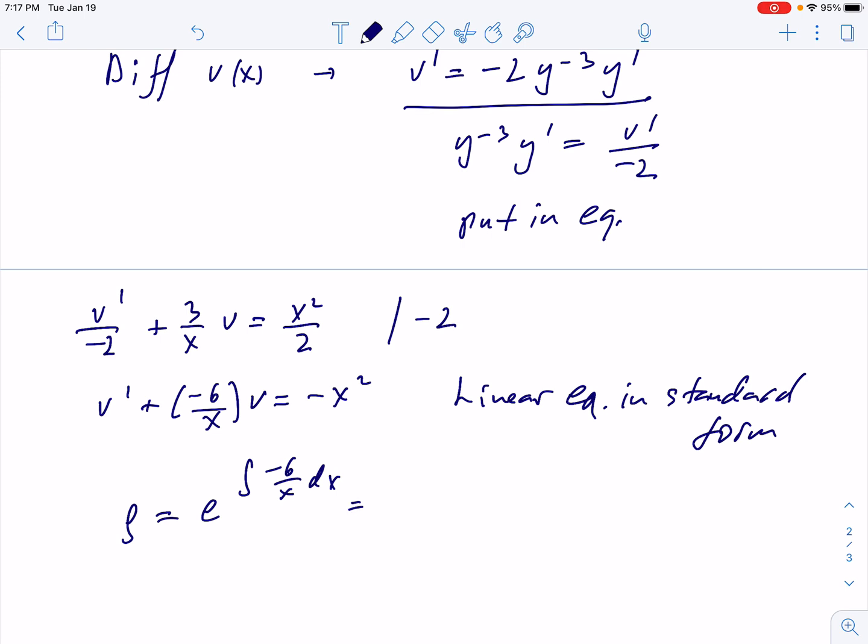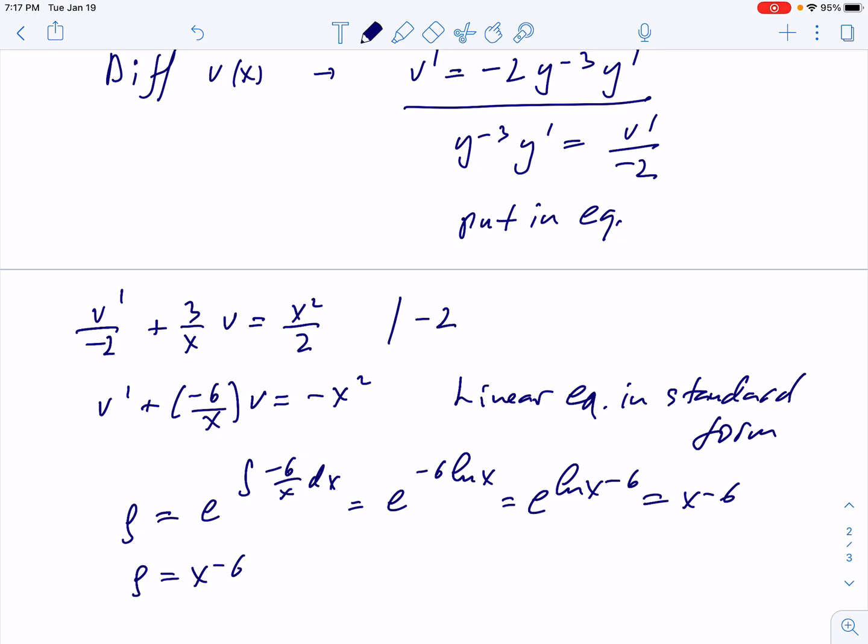And solving this integral, we have exponential of negative 6 natural log x, no absolute value, which is exponential of natural log x to the negative 6 power, and this is x to the negative 6 power. Our integrating factor is x to the negative 6 power.